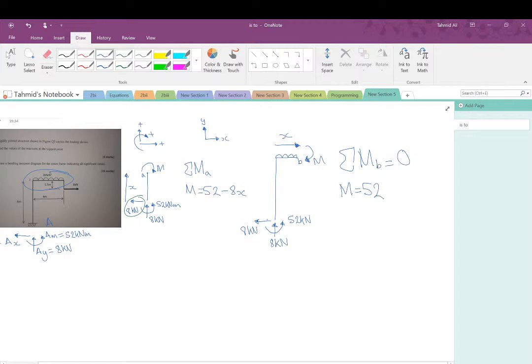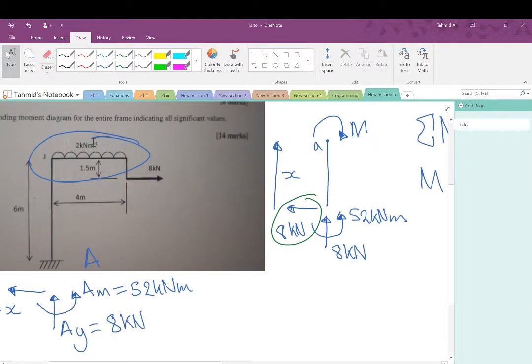Now, this 8 kilonewtons, regardless of how much you cut into the top beam, will always have a moment of 8 kilonewtons times this length. And since this length will always be 6 meters, because we're making cuts along this part of the beam, it will always be 8 times 6.